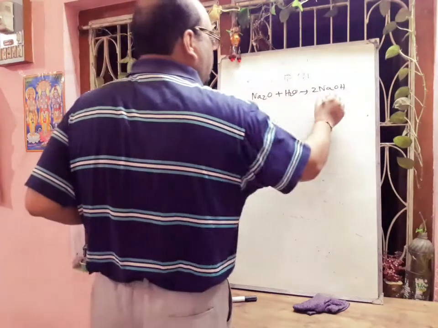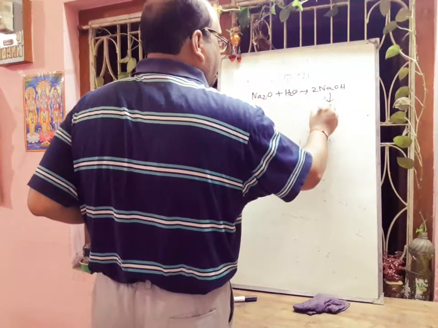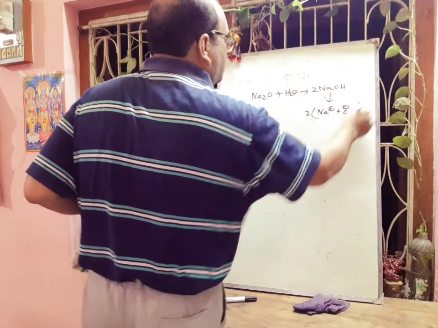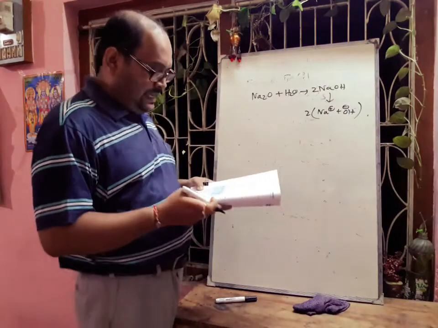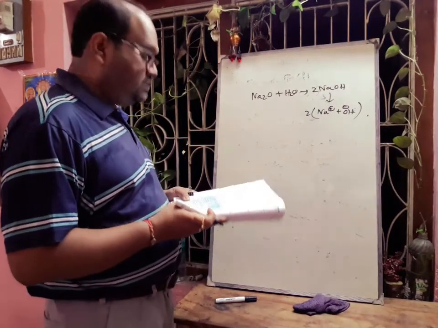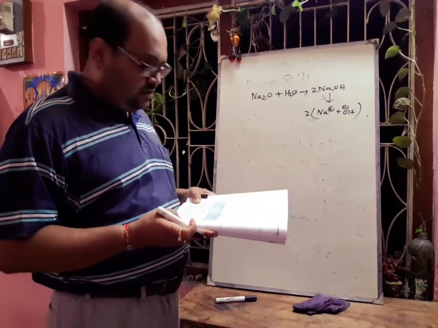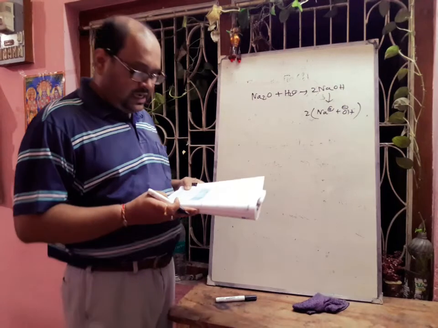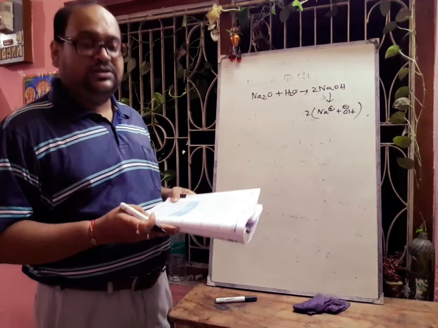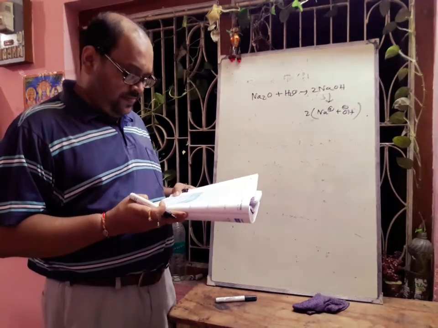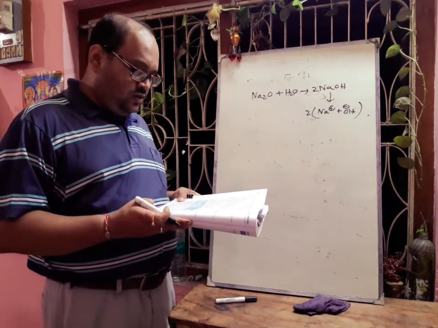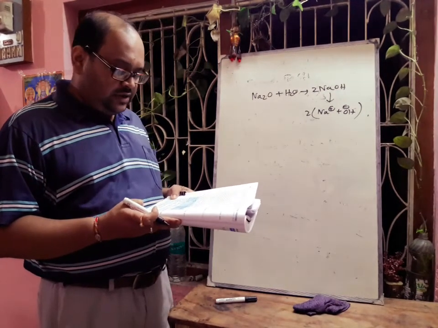These NaOH will dissolve in water, forming Na plus and OH minus. So from here you can say that a high concentration of OH minus will be formed. When a metallic oxide is dissolved in water, the solution formed has a high concentration of OH minus ion.